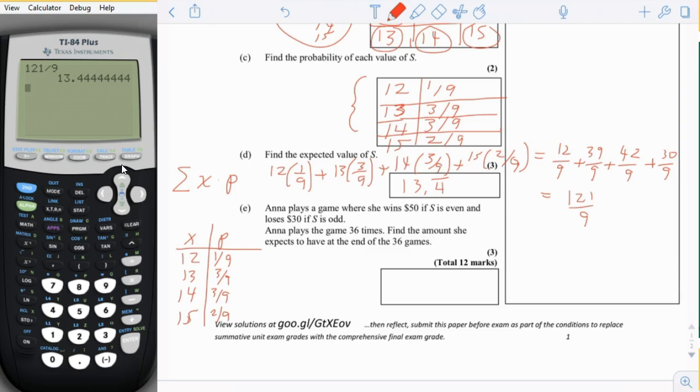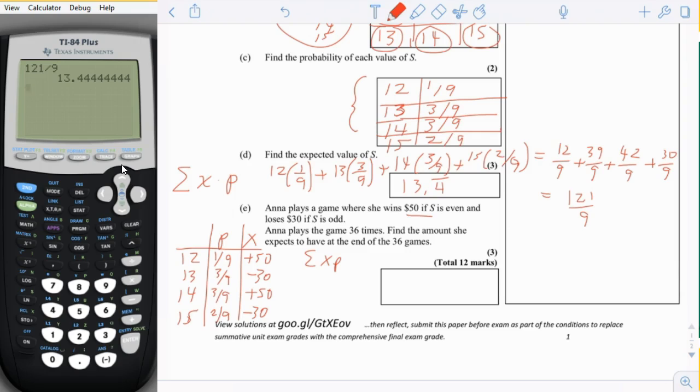She wins $50 if S is even. So she's going to get plus 50 if S is even. So for 12 and 14, she's going to get $50. And then she's going to lose 30 if S is odd. Lose 30, lose 30. Okay, now I'm going to do the same thing, sigma xp, except this time, instead of using this x, we're going to use this x.